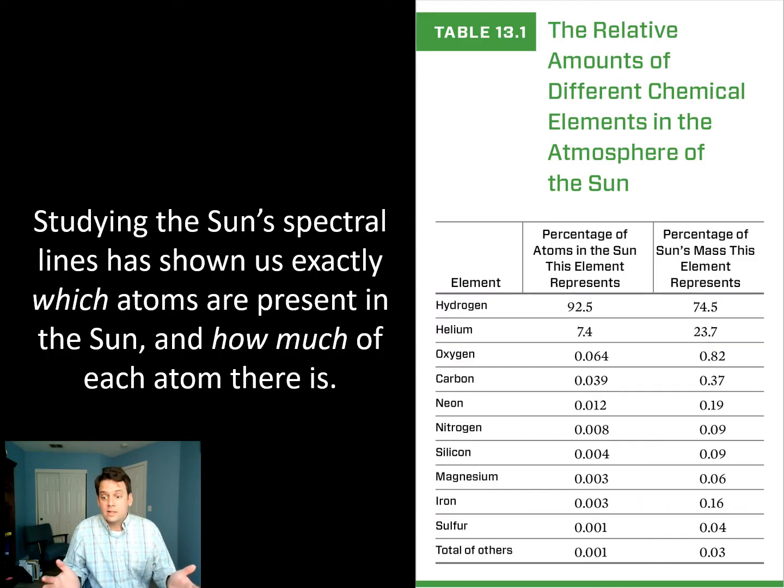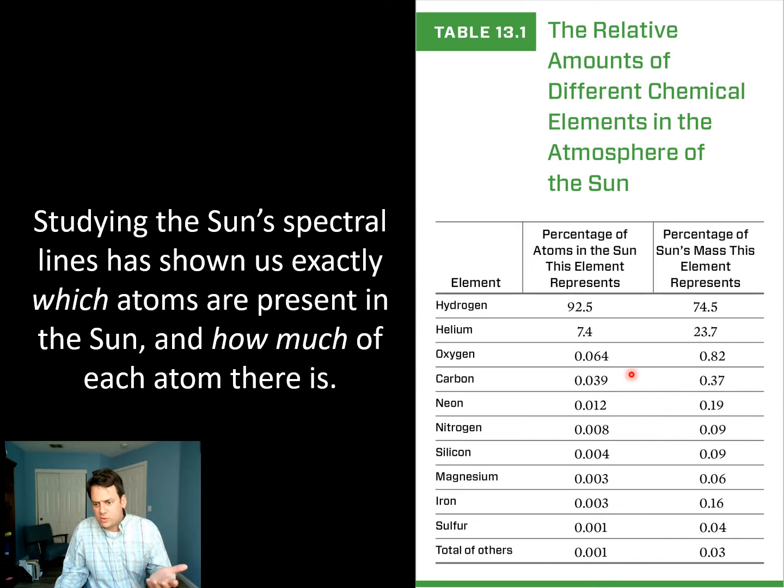Having done this analysis in excruciating detail for the sun, we now know exactly what the sun's composition is, and to greater detail than any other star, as you might imagine. If you're wondering, here are the results. This table gives the elemental composition both in terms of atom fraction, which is the first column, and then mass fraction in the second column.